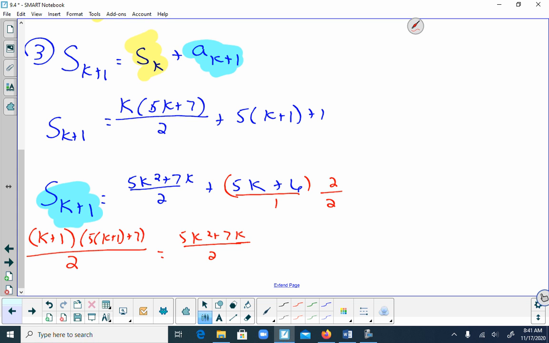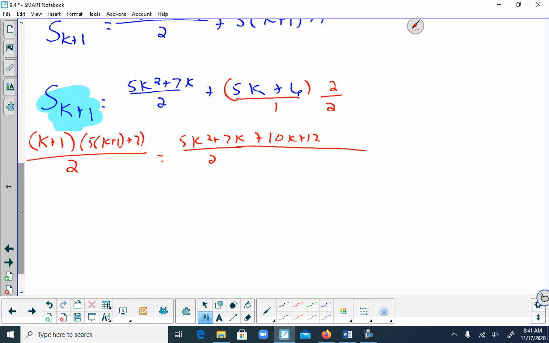I'm just going to extend that line and make that plus 10k plus 12, and that'll be over my denominator of 2. Here, this I'm going to leave as k plus 1. And then this is 5k plus 12 over 2. And here I have 5k squared plus 17k plus 12 all over 2.